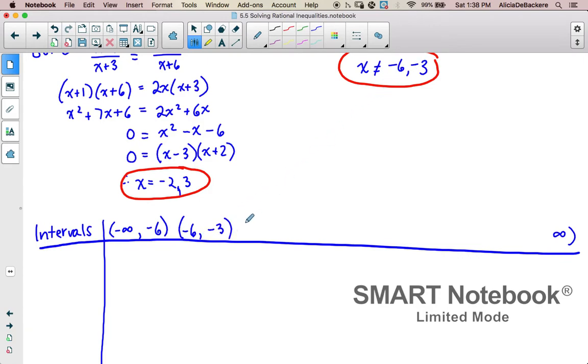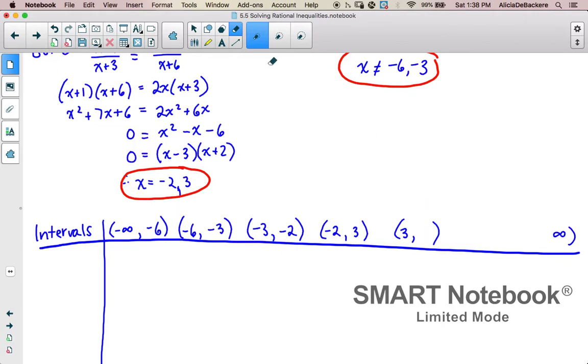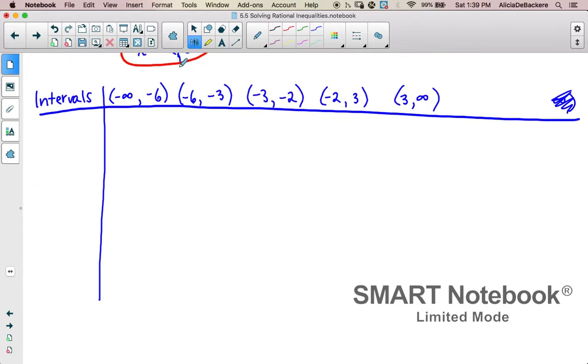It ends this interval and starts the next. And then the next one is -2. The next one is +3. And then 3 and infinity will be my last one. Oops, that's a crazy looking infinity. And I made my chart bigger than I needed to.